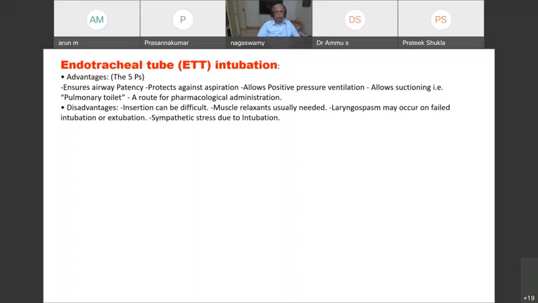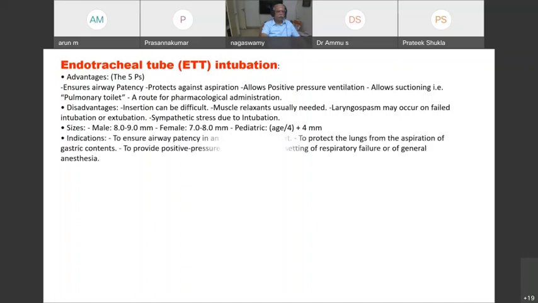Age in years by 4 plus 4 was introduced by Dr. Kester Brown of Australia, a renowned pediatric anesthetist. So age by 4 plus 4 millimeter internal diameter is the formula to be used for pediatric patients.